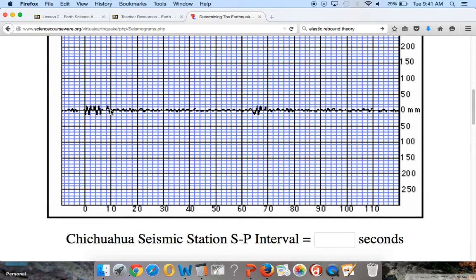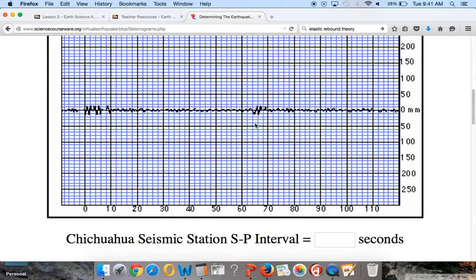Then it settles down, jumps a little bit, and settles down again. Then if we look right here, between the 64 second and the 66 second, this is where the next jump occurs. The second jump is where the S wave hits. So we want to record what that time is.